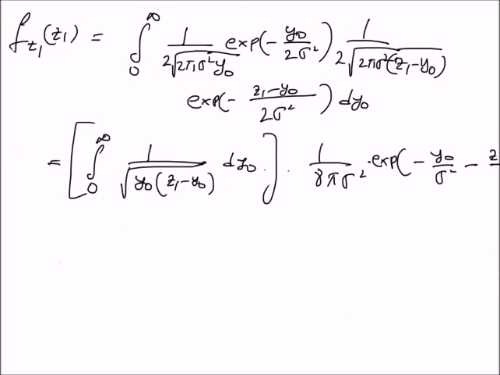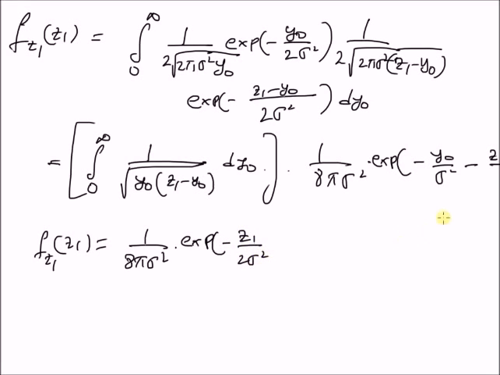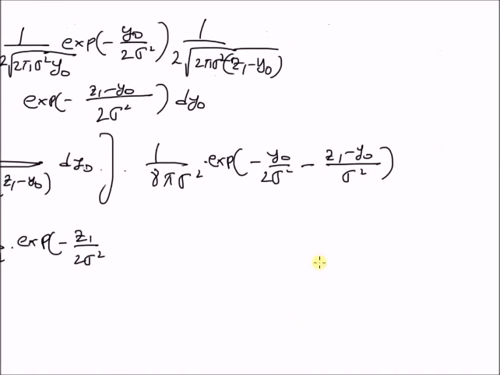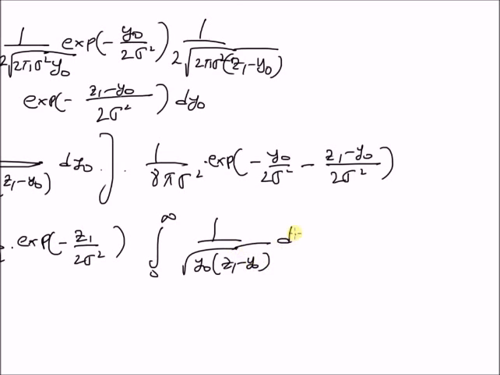Therefore, the probability density function of z1 is 1 by 8 pi sigma square multiplied by exponential of minus z1 by 2 sigma square. Of course, there is a 2 sigma square over here and here. And then there is the integral from 0 to infinity of 1 by the square root of y0 into z1 minus y0, dy0.